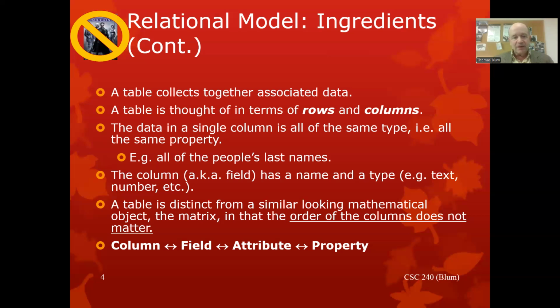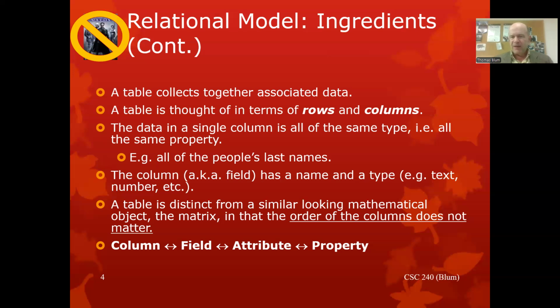And now that we have the concept of a column, there are other things in mathematics, like a matrix, that can be represented in these combinations of columns and rows.